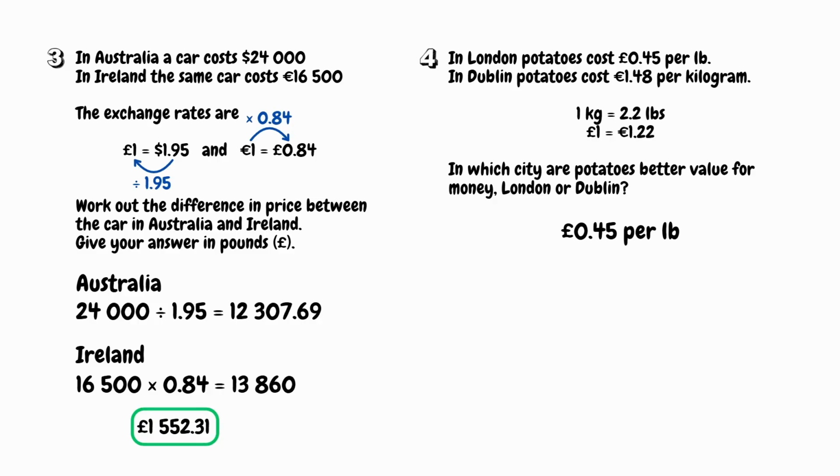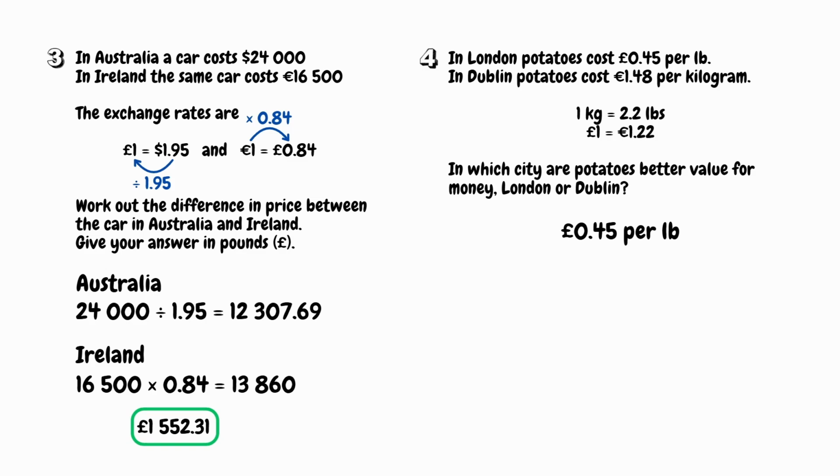So the first thing I'm going to do is start with this £0.45 per pound and find out how much it would cost per kilogram. And I can do that using what we've been given in the question, that 1 kilogram is equal to 2.2 pounds.